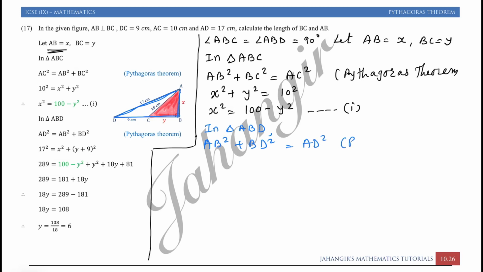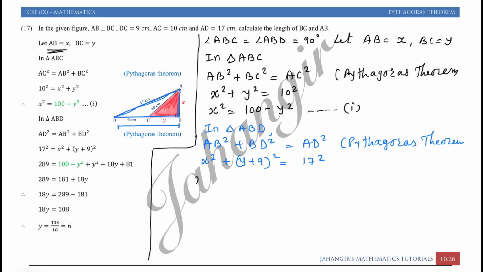Again Pythagoras theorem. AB is x square plus BD, if you see, it is y plus 9 whole square is equal to AD, which is 17 square.